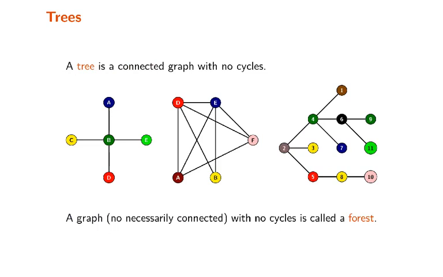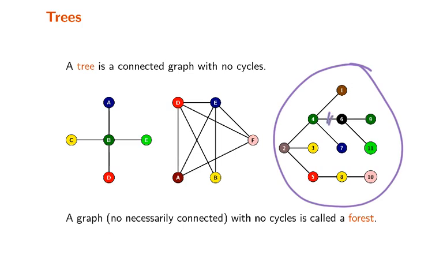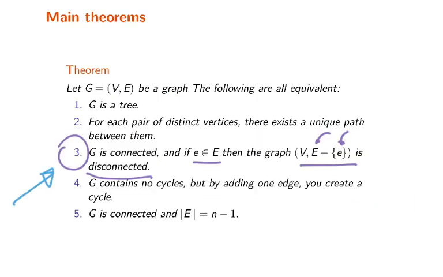For instance, let's check in the graph that we have here. If in this graph we eliminate any edge, imagine deleting this one, you see that the remainder is disconnected. If you eliminate any other, the result is always disconnected. But in a graph like this one that is not a tree, you can erase this, for instance, and the thing is still connected. So this is a property that always happens with trees: if we delete an edge, the graph becomes disconnected.